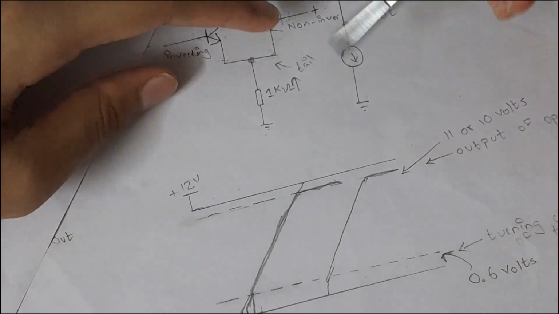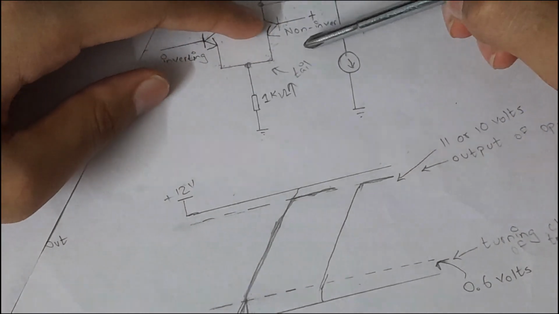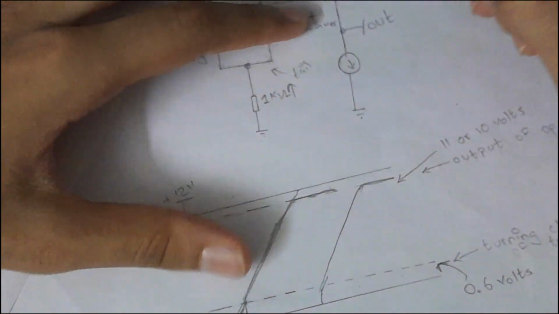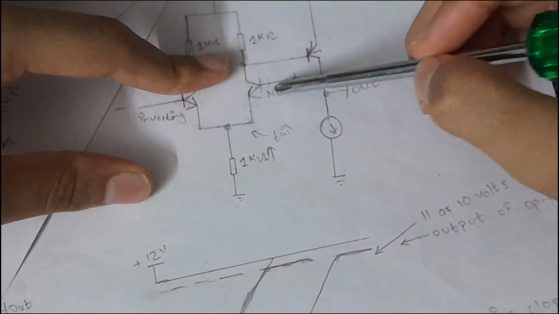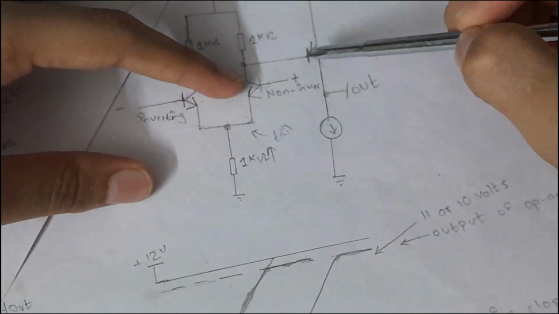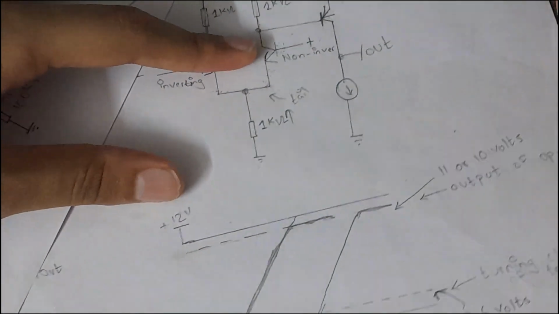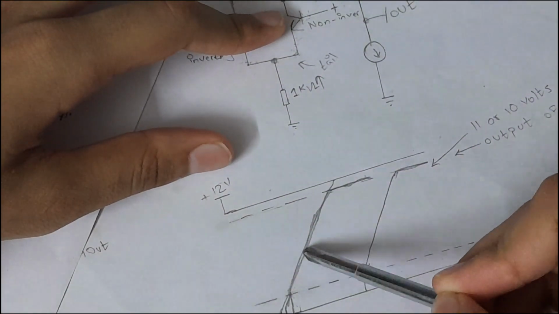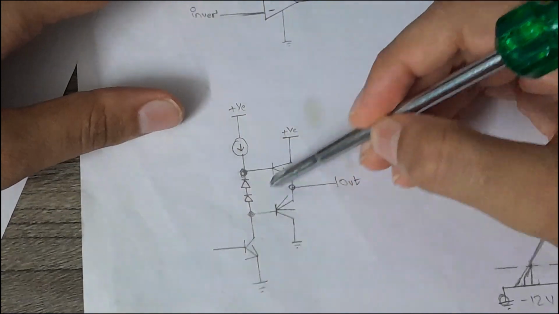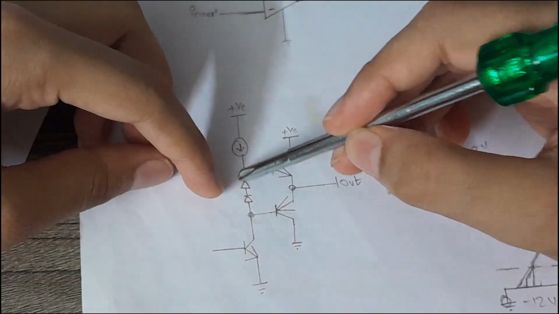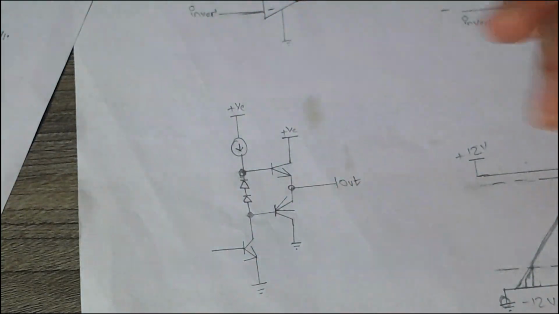And if we increase the voltage above 0.7 volts, then the transistor will start to conduct, and this transistor will also start to conduct, and then it will work nicely. But then we also introduce a class B amplifier, and we are biasing the transistor with two diodes, basically to avoid crossover distortion.